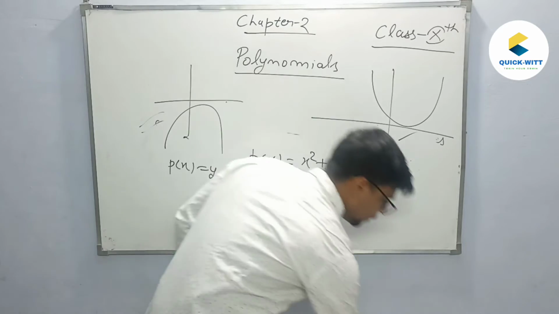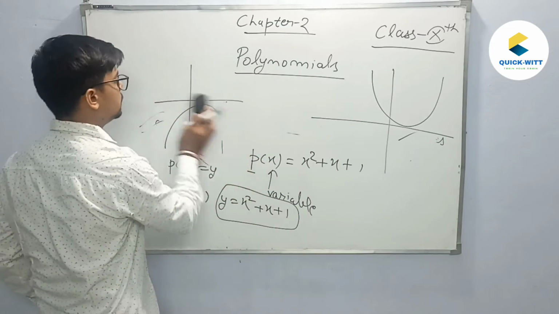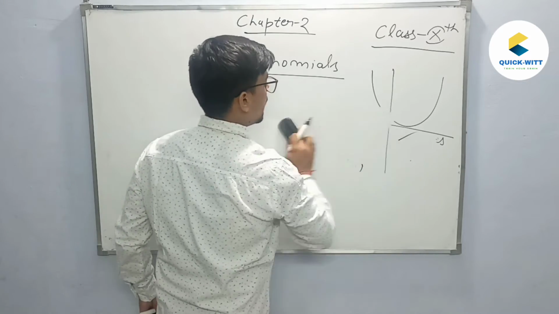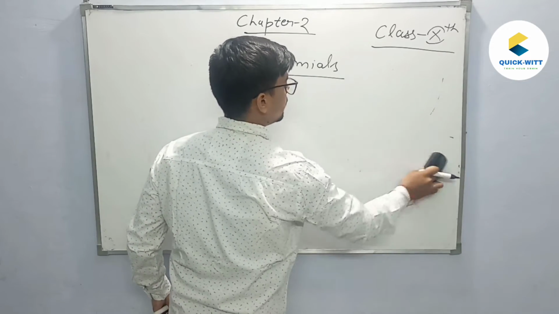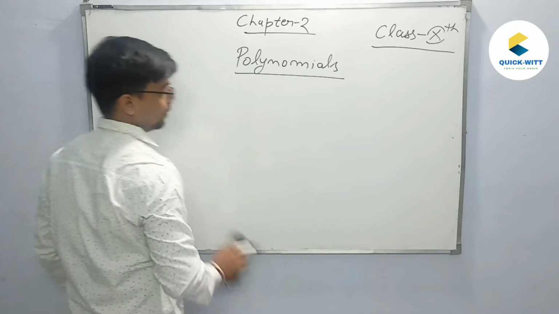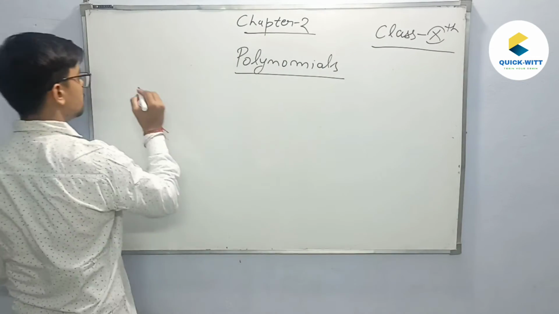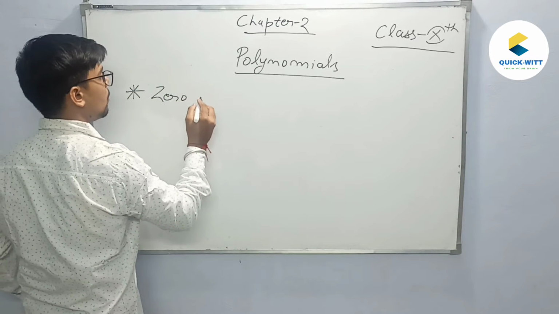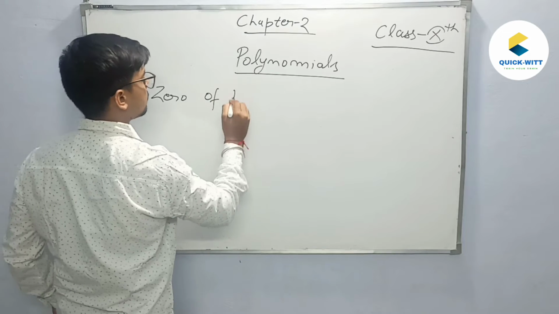Now we will talk about zero of a polynomial. Today I will only show you why we need to study the zero of a polynomial. So what do you understand about zero of a polynomial?